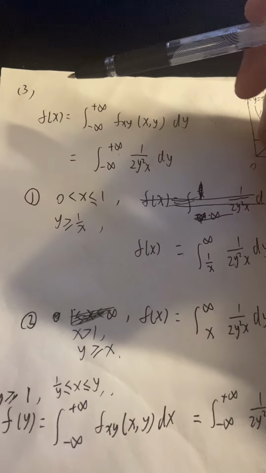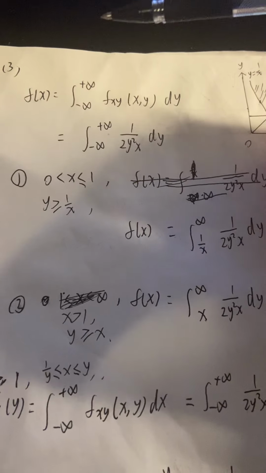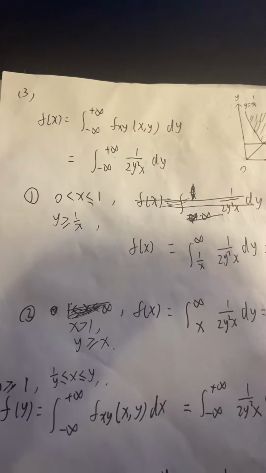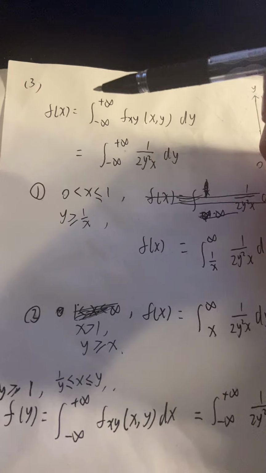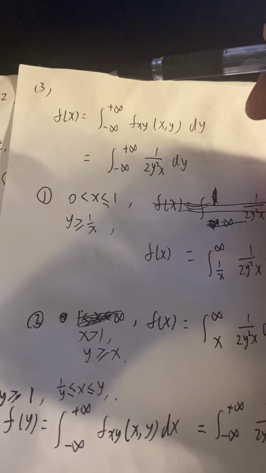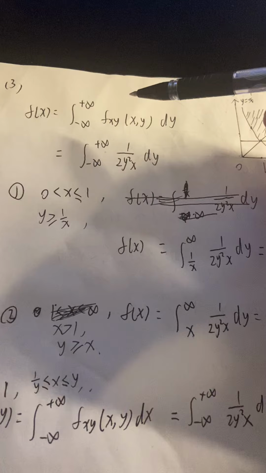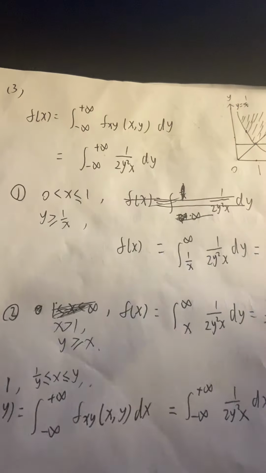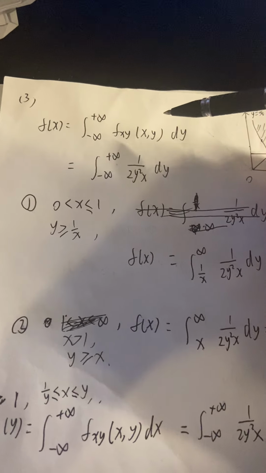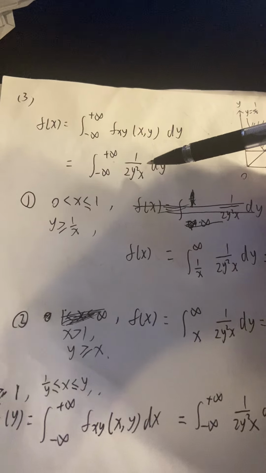The question 3, find and draw the marginal density functions f x and f y. First we can find f x. We know by definition f x is the integral of f xy dy. And the joint density function f xy is 1 divided by 2 times y squared times x.